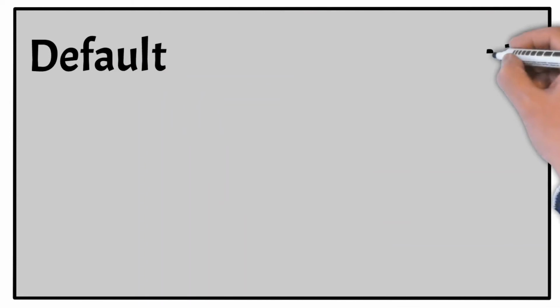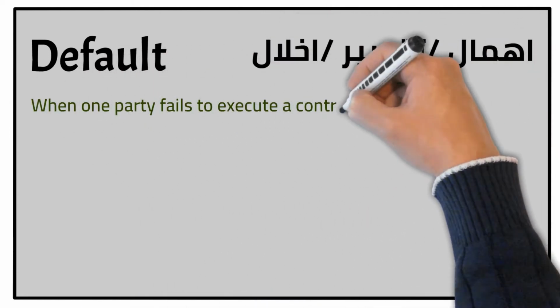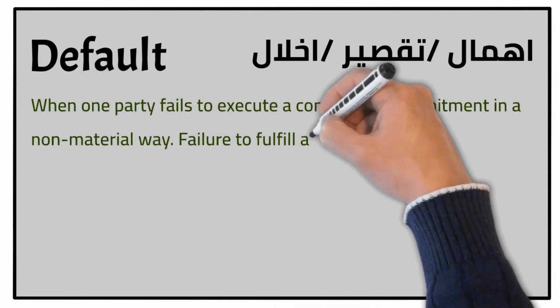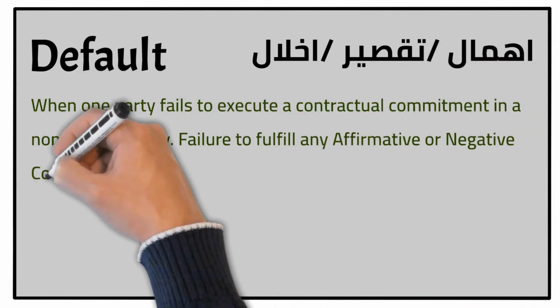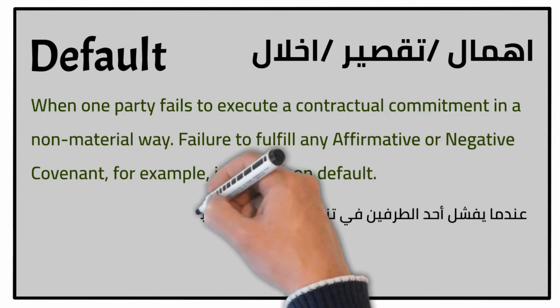Default. This term means when one party fails to execute a contractual commitment in a non-material way. Failure to fulfill any affirmative or negative covenant, for example, is a common default.